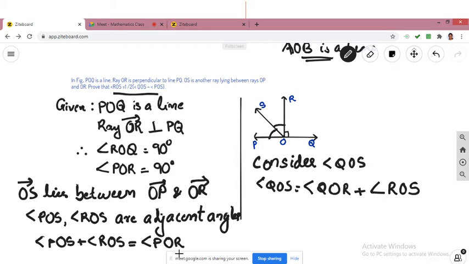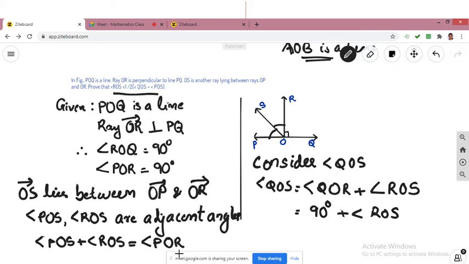Now what is angle QOR? 90 degrees, ma'am. Yes, we are given that the ray OR is perpendicular to line PQ, hence angle QOR is 90 degrees. So 90 degrees plus angle ROS.